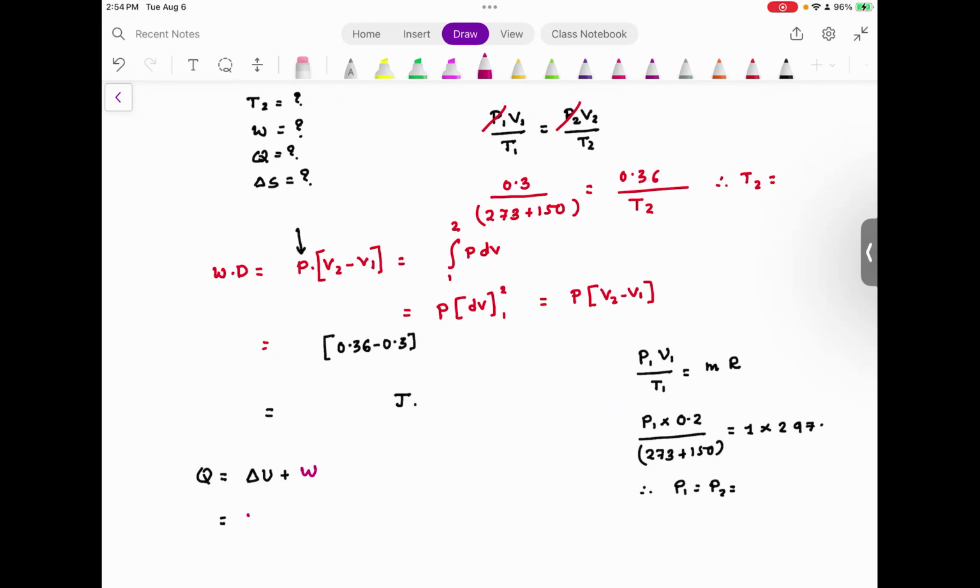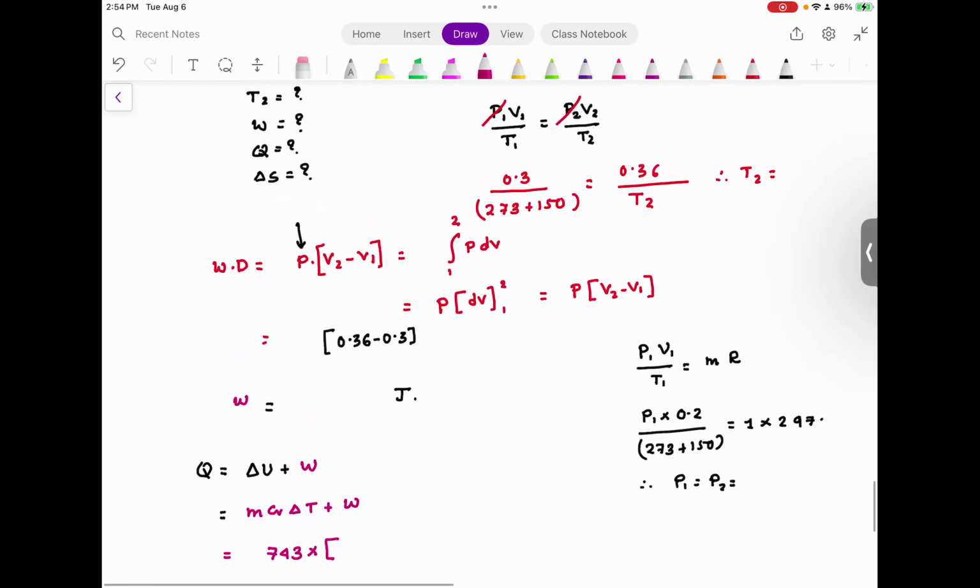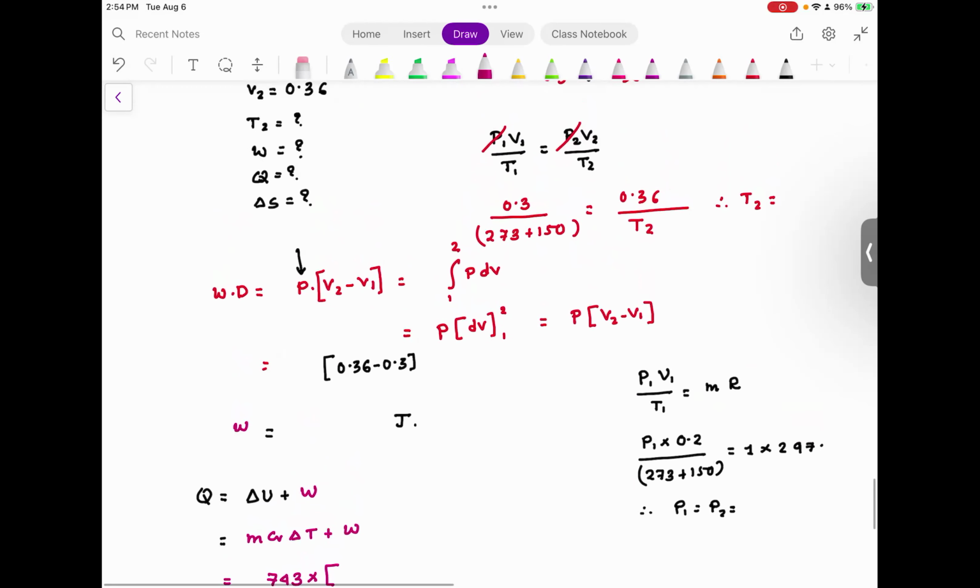Delta U is M Cv delta T plus value of W we know from here. Mass is 1, value of Cv is 743 multiplied by the temperature, and you will get the value of T2 from here.